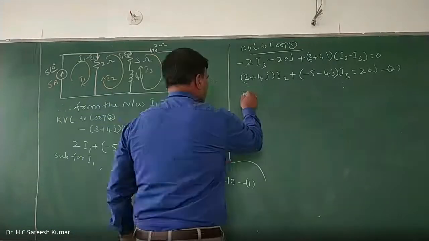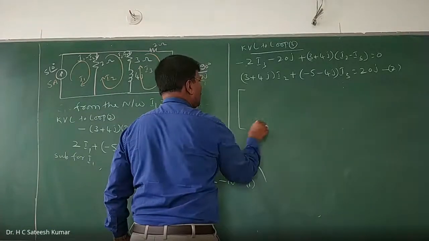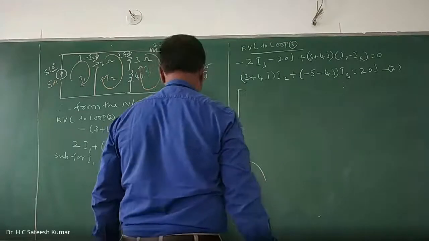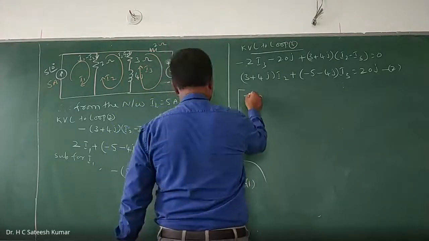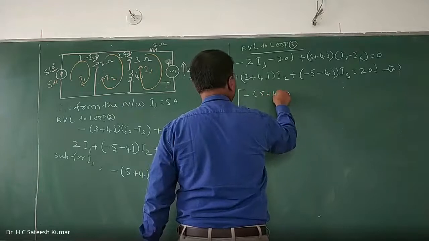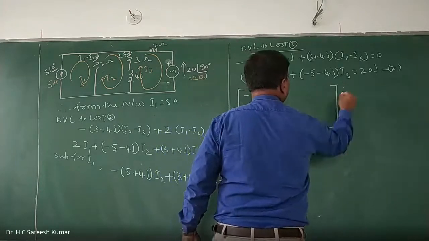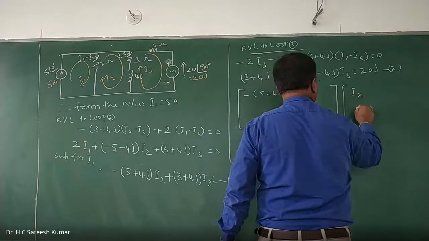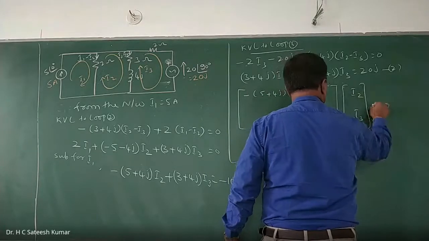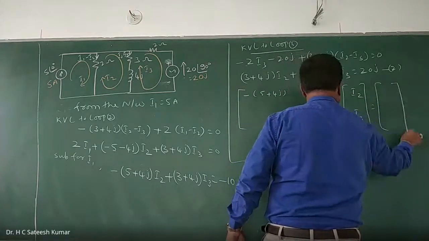Now write it down in the form of a matrix. First loop, equation number 1: minus of 5 plus 4j into, this is I2 and I3. Now the matrix is for the variables I2 and I3.